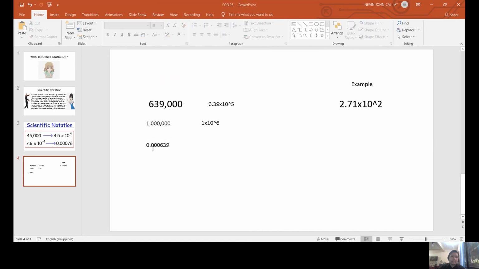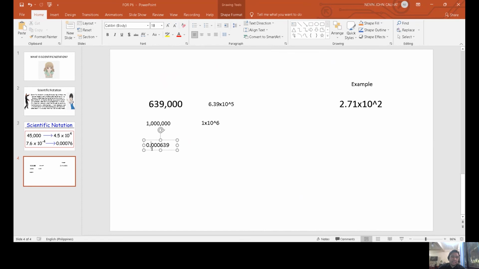Now this time we can see the decimal point. So we start from here since the decimal point is already given. If we move the decimal point from left to right, that makes the exponent negative. So let's try that.